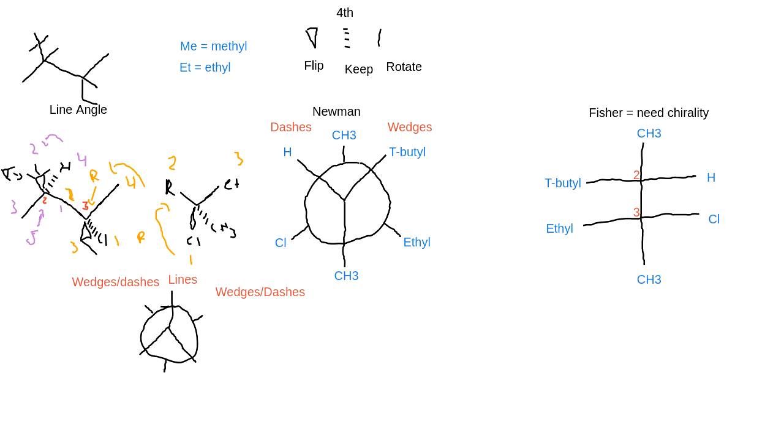So I'm going to start off with my carbon 2 in purple. So everything in the group order should be the same. So the R group was number 1, T-butyl was number 2, methyl was 3, hydrogen was 4.